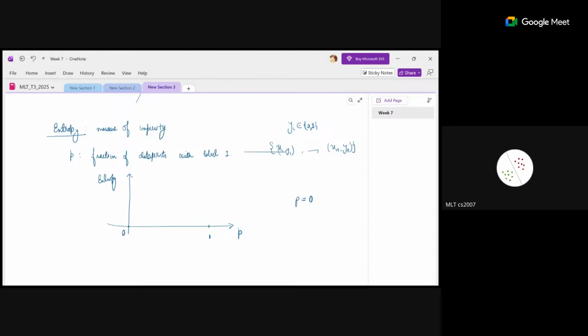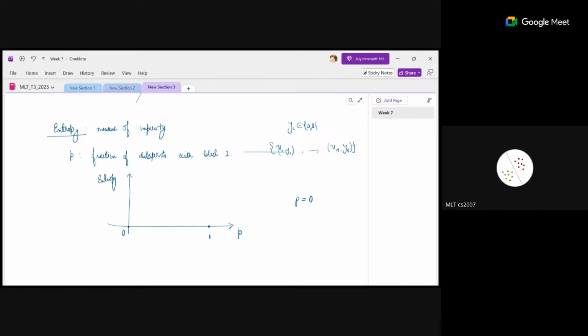So all the data points have label 0. So in that case, we would want the entropy to be 0. And again, if all the data points are of the same class, we would want again the entropy to be 0. The randomness will be 0 because all the data points are of the same label. So at the point 0 and at the point 1, we want the entropy to be 0.